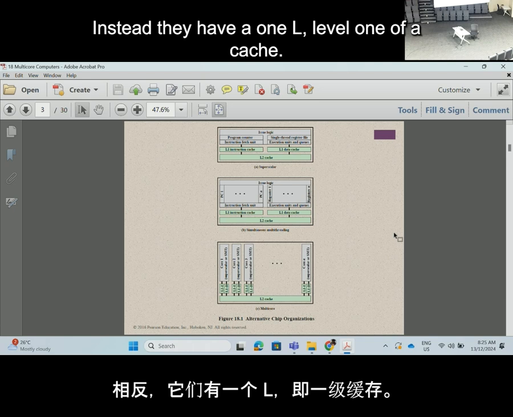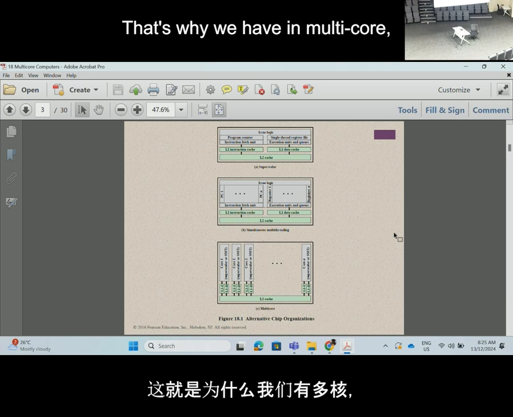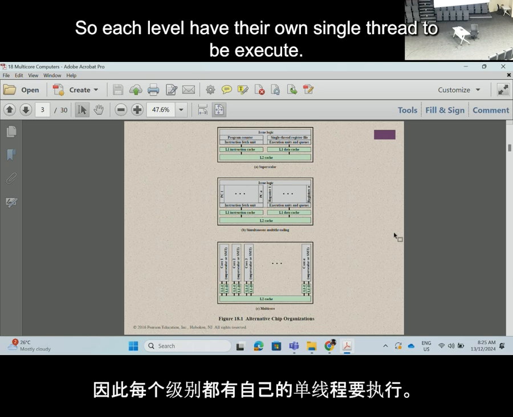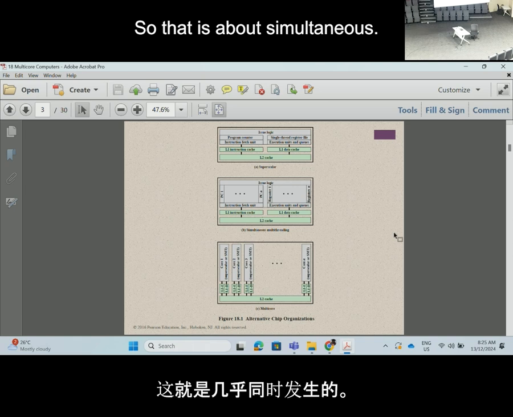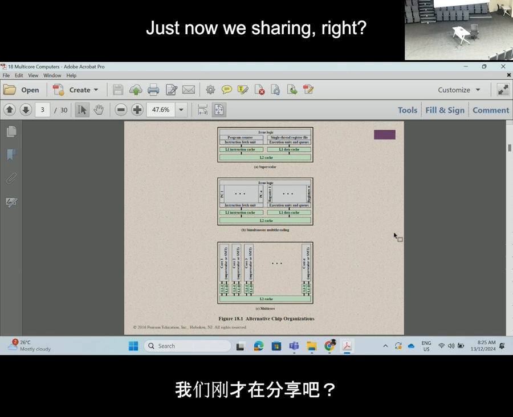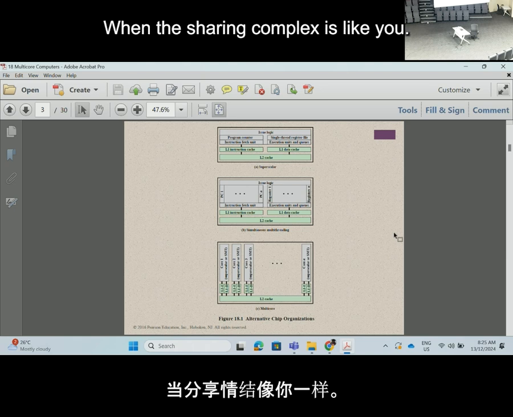Instead of only having level 1 of a cache, that's why in multi-core we have level 2, level 3, level 4. Each level has its own thread to be executed. So that is about simultaneous. But what is the challenge in simultaneous? Just now we were sharing, right? When the sharing conflicts, it's like you.